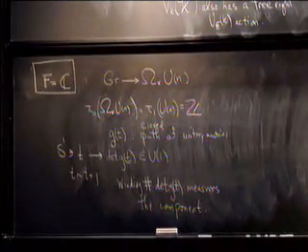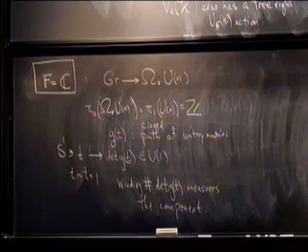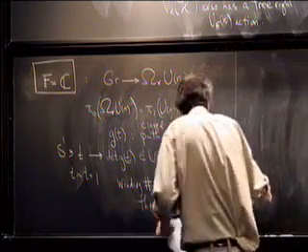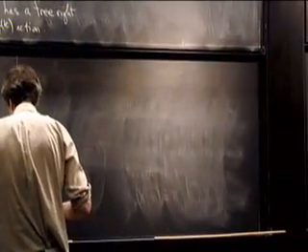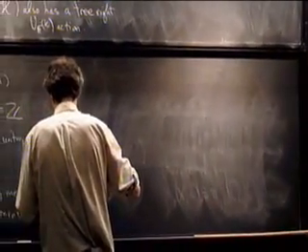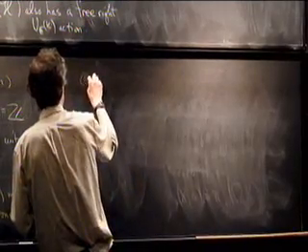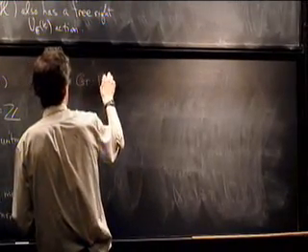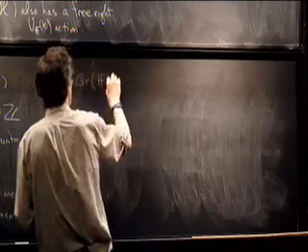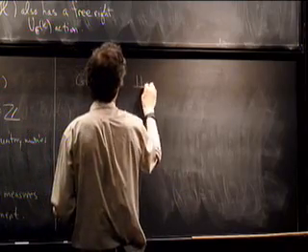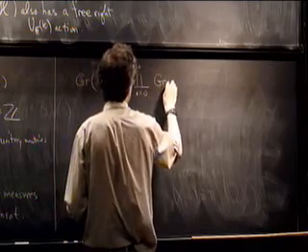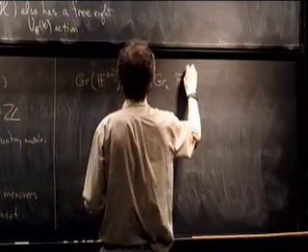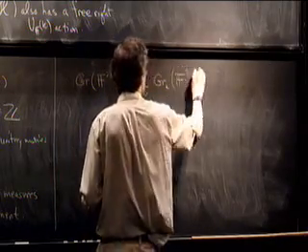Now here I was talking about a connected space, the Grassmannian of n planes in F2n. But what we could do is look at the Grassmannian of all planes in F2n, which of course is a disjoint union from k equals 0 to 2n of the Grassmannian of k planes in F2n.